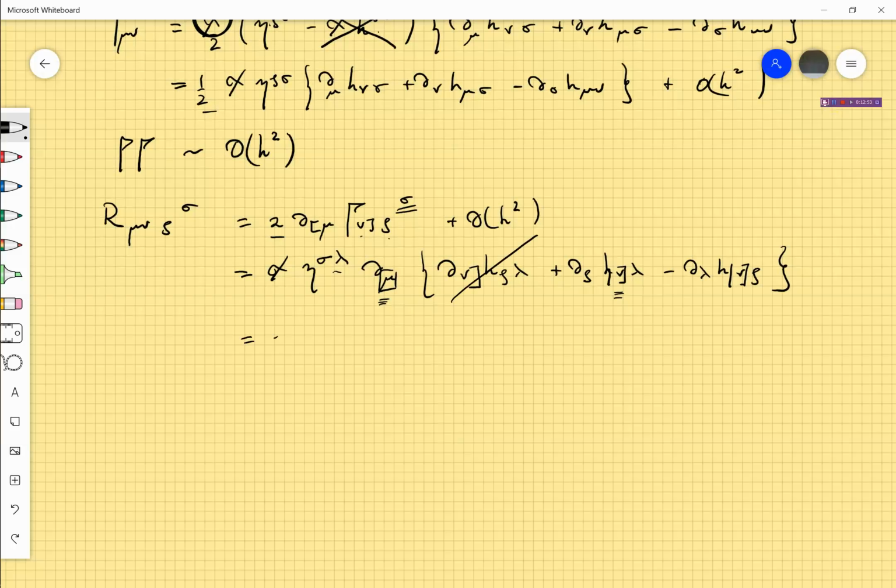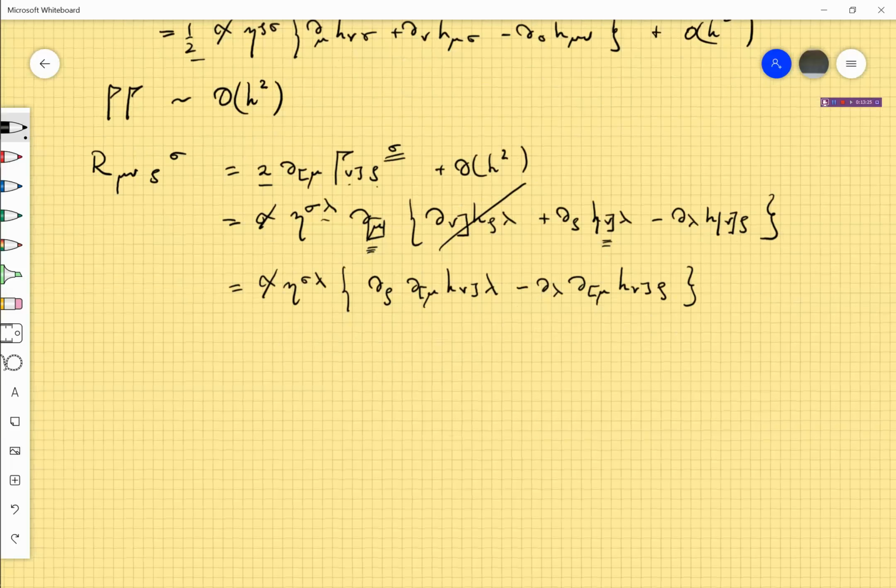I only have these two, chi eta sigma lambda, and then two terms, partial mu, let's do it right, rho first, just because it is simpler, minus partial lambda, partial mu h nu rho. Okay, these are the two terms. Now if you want to simplify it a bit further, you can raise the index lambda and change it by sigma.